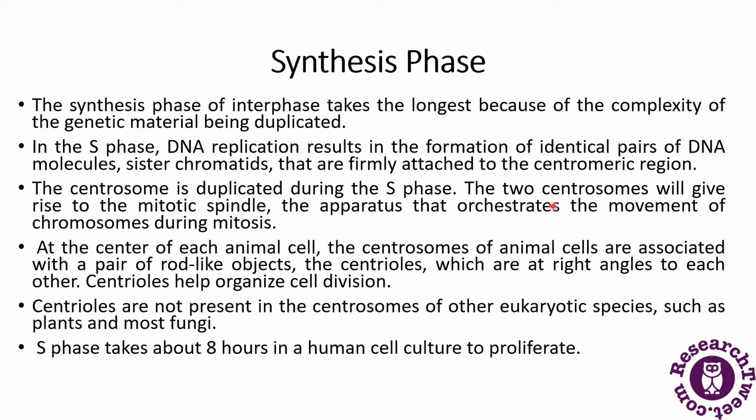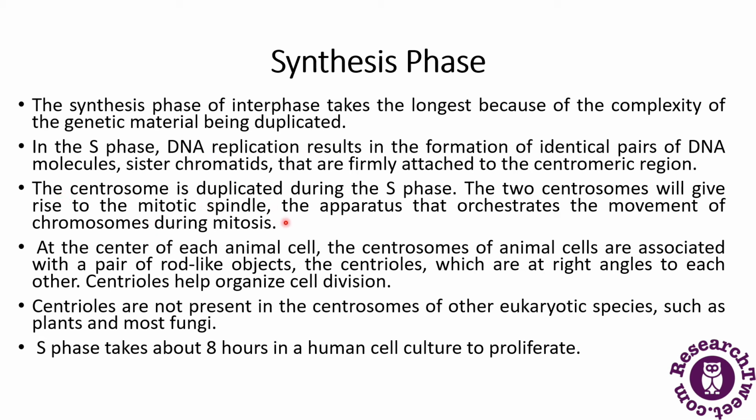We will cover this in detail in other slides, through a diagrammatic representation of what is happening in the centromere, what a centromere is and how it is duplicated. At this point we just have to understand that DNA replication takes place here, and the centromere is duplicated.